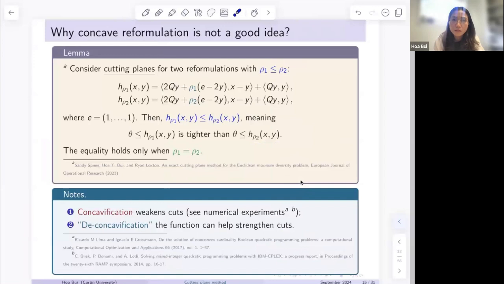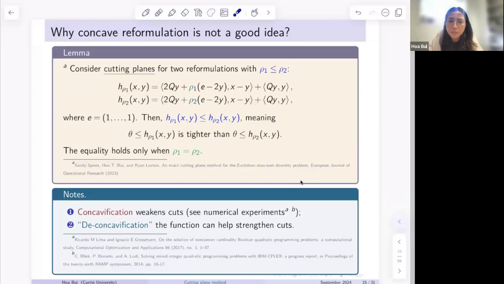The first observation is that the concave reformulation step will weaken the cut, and the numerical experiments in various survey papers have shown that the cutting plane methods with concave reformulation are usually even weaker than the standard linear reformulation. So it's not really preferable.